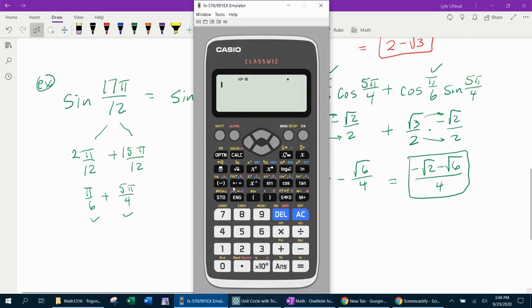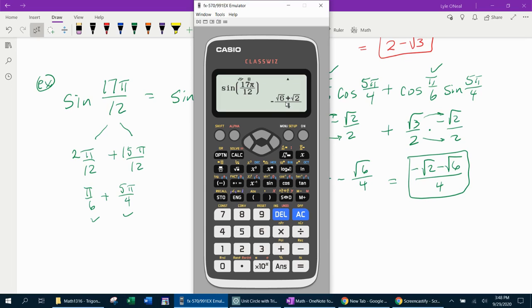Let's check the calculator and see if it likes it. First, we have to go to radian mode. Type in sine of 17 pi over 12. And you're going to notice that the calculator answer is a little bit different than mine. Let me explain this.